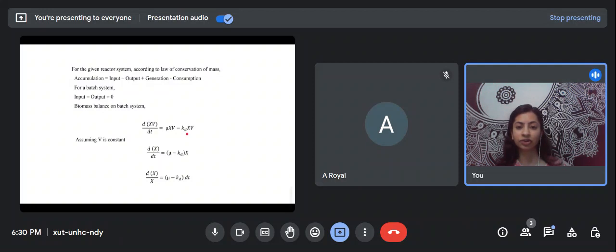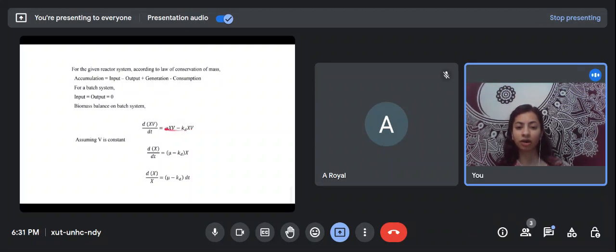Where kd will be equal to the endogenous metabolism and the death that is happening of the cells, into again the biomass and the volume. So these three terms are representing that.